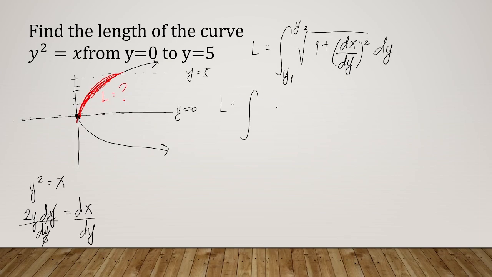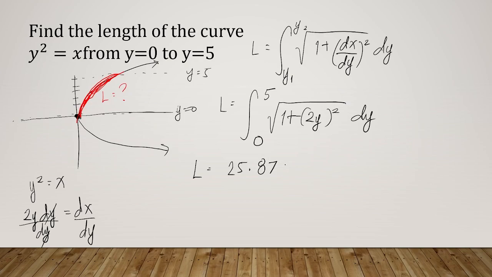Therefore, your dx over dy, or the derivative of x with respect to y, is 2y. Length is integral of the square root of 1 plus 2y squared dy mula 0 papuntang 5. Therefore, if you calculate that, this will become 25.8742 units.